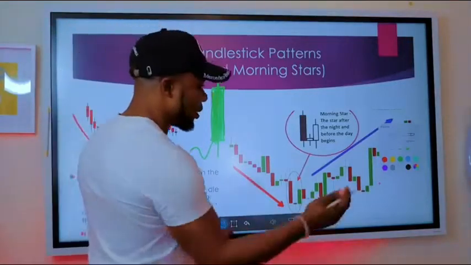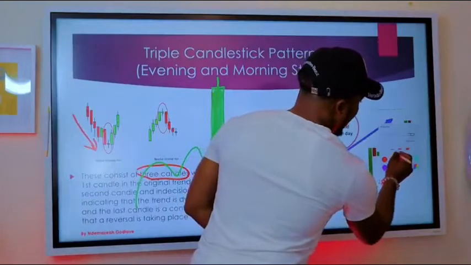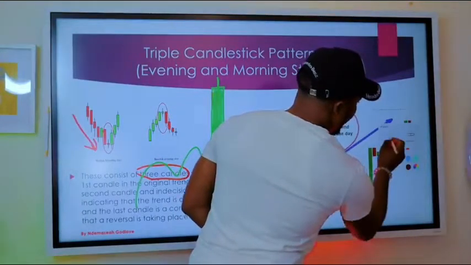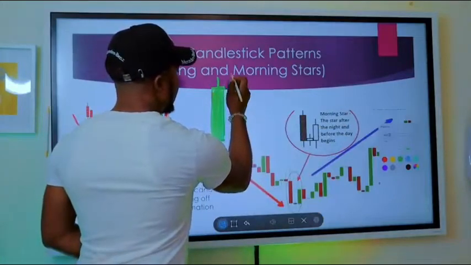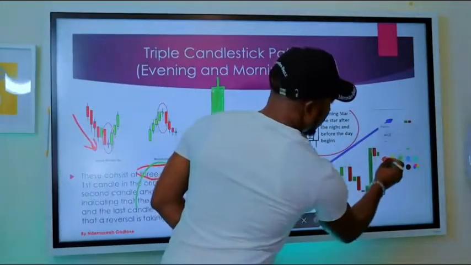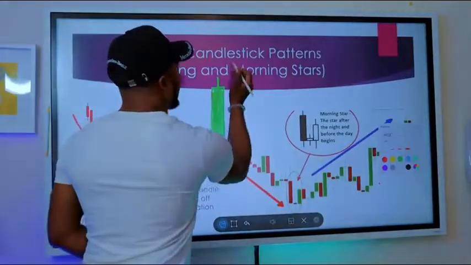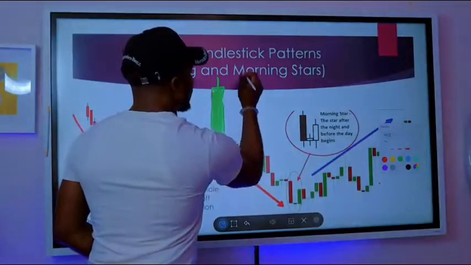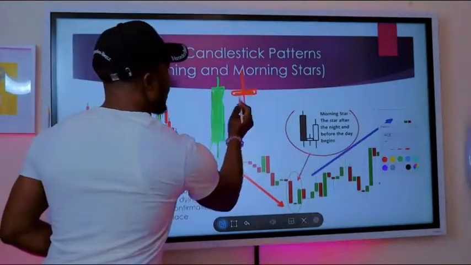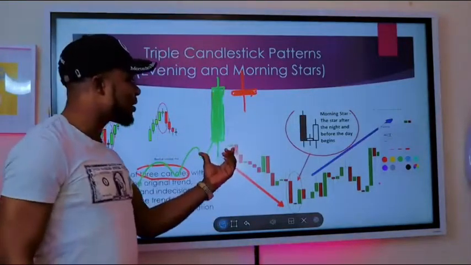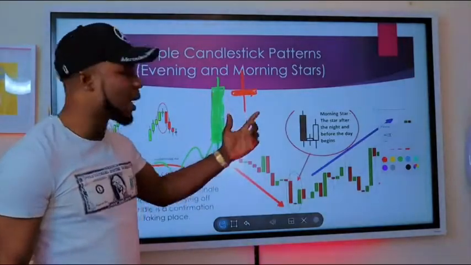Let's change the color and pick our color for an indecision candle. An indecision candle will look like this. This is an example of an indecision candle. So after the bullish candle, the second candle is an indecision candle.